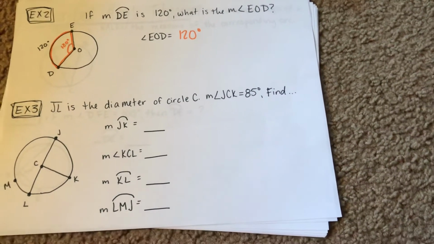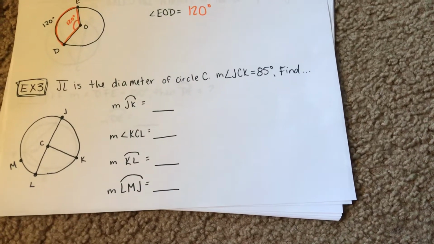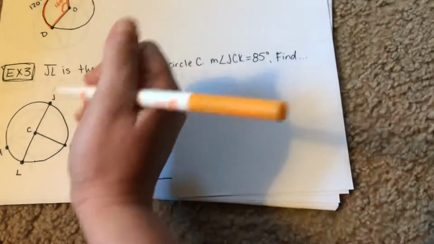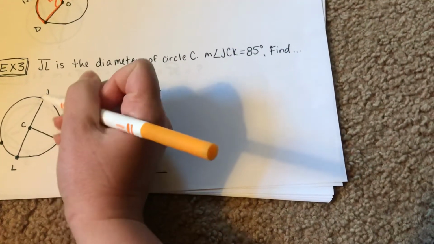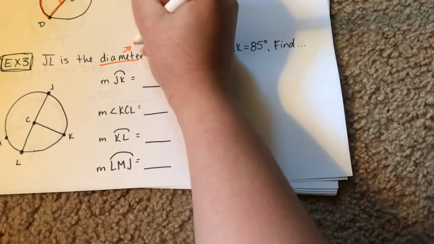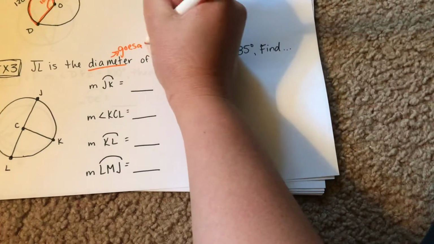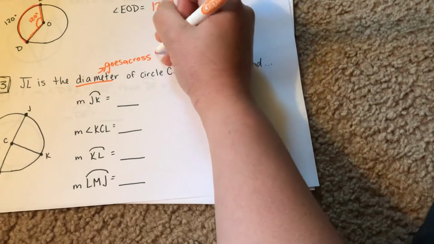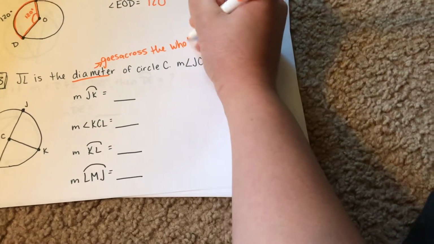So now let's look at what happens in example 3 if we aren't just given exactly what we're looking for. So JL, this line right here, is a diameter. A diameter goes across the whole circle, and it splits it into a semicircle. Makes 2 semicircles.